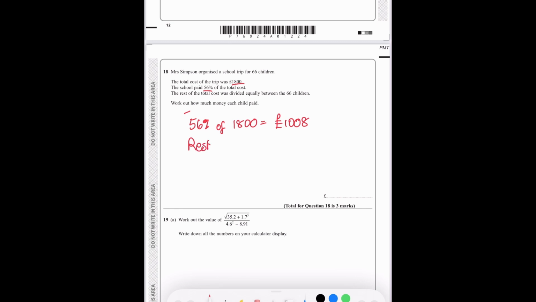So the rest is going to equal 1,800 minus 1,008, which is 792. Now the rest of the total was divided equally between 66 children. So £792 divided by 66 children gives me the answer of £12 each.